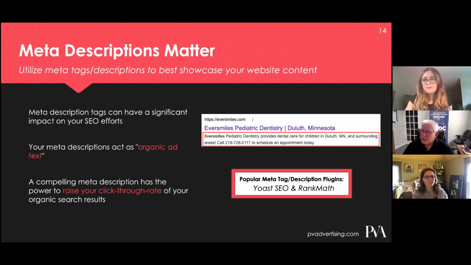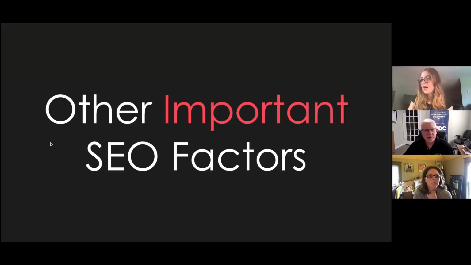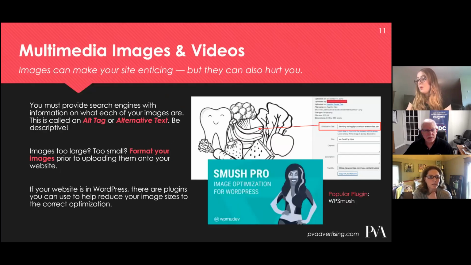I had another question about speed. Is there any kind of WordPress plugins or anything to help your website speed that you can mention? One of the plugins that we had on the multimedia image page, if we want to go back here, this WP Smush is a really great plugin to improve your page speed.